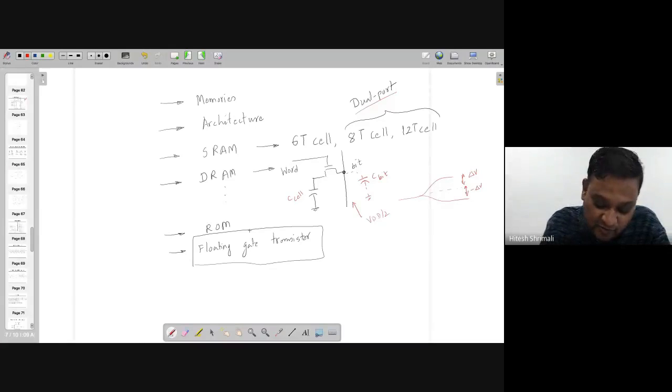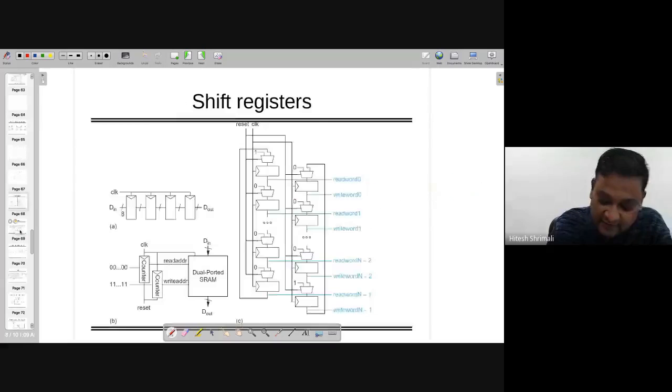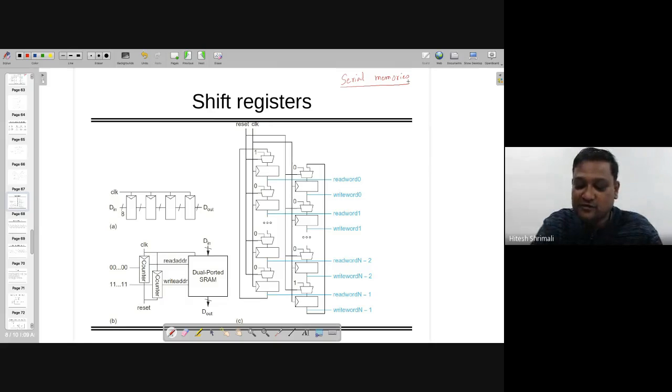So as we were talking about different kinds of ROM and also the floating gate transistor previously, we can proceed further with the different designs. Like there is something called serial memories. This is again a repetition of what you have studied in digital electronics, where shift registers were used. You can see the first one, first of all these boxes are D flip-flops, right?